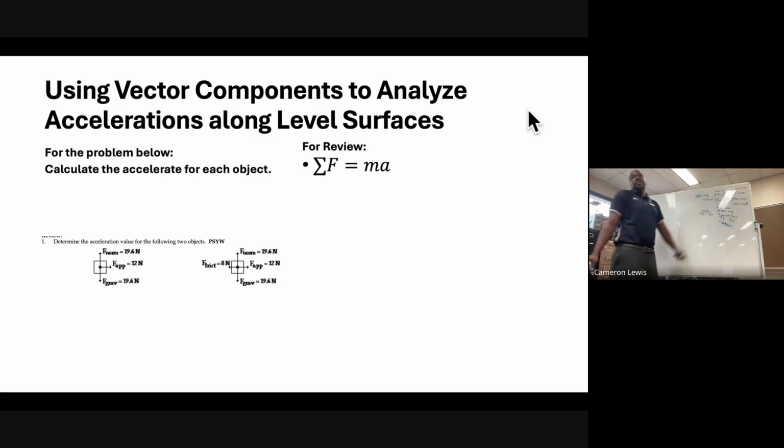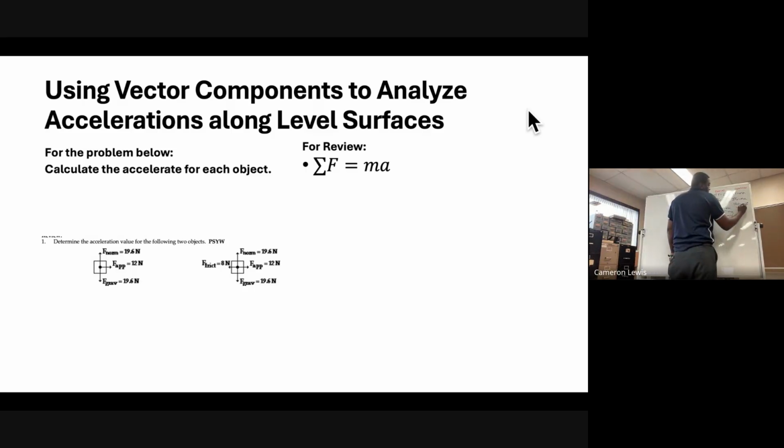So now we have a mass. Now I can take this mass and put it over here. So now I come here, I got 12 newtons equals 2 kilograms times acceleration. I see multiplication by 2, so I divide by 2, and I got 6 meters per second squared for my acceleration.